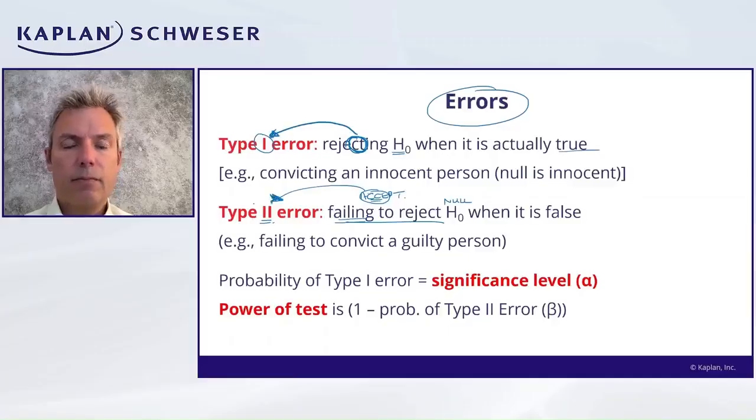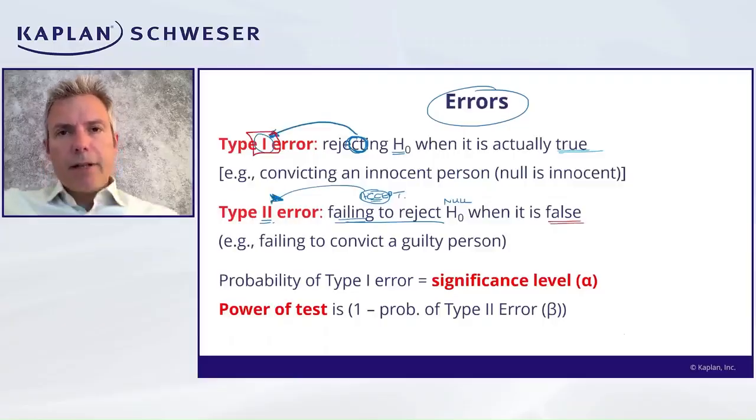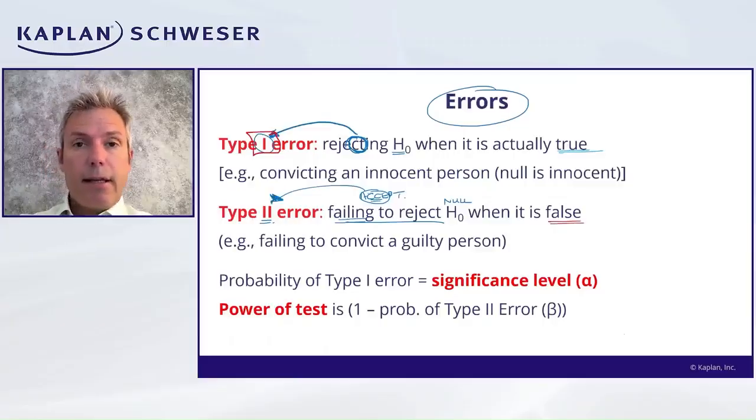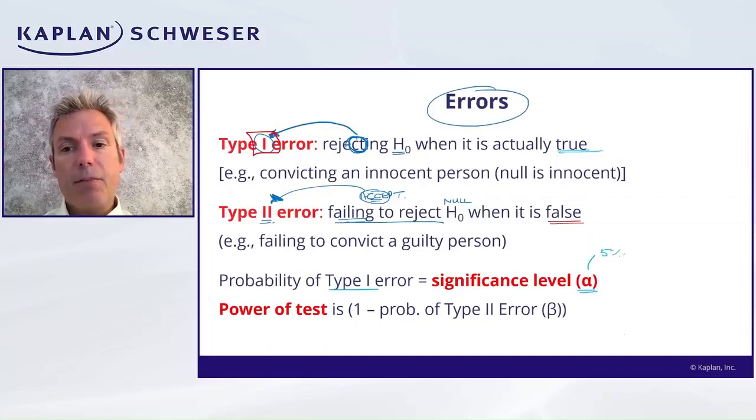Now, when it comes to chances of actually making these errors, the probability of a type 1 error is actually very straightforward. It's the significance level of the test. You remember that small number, say 5%? That's actually the probability that the null was true all along, but you accidentally rejected it.